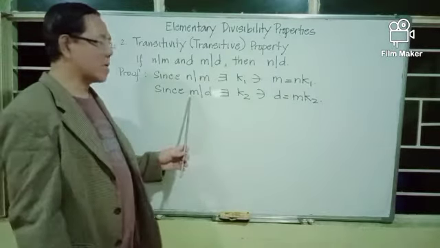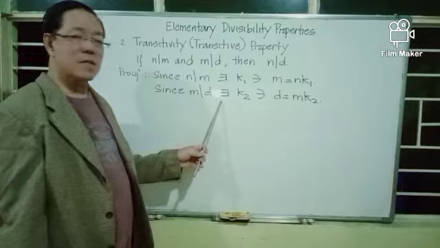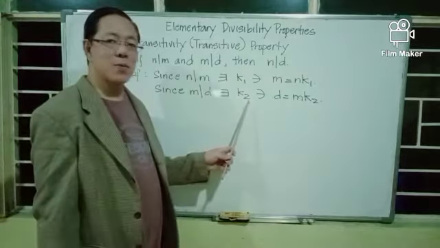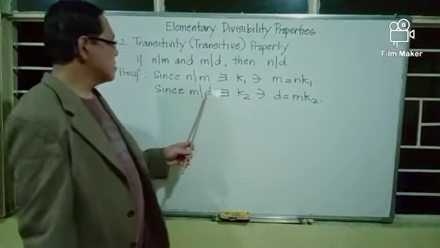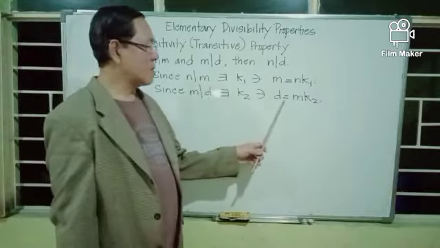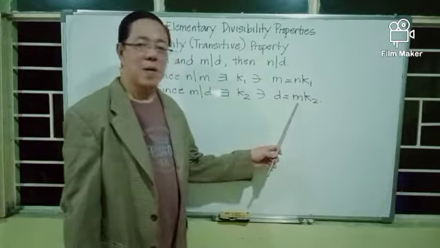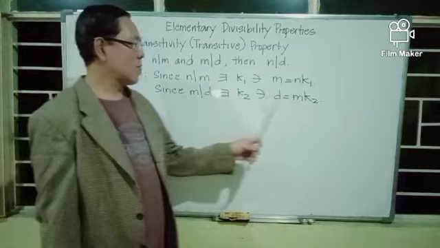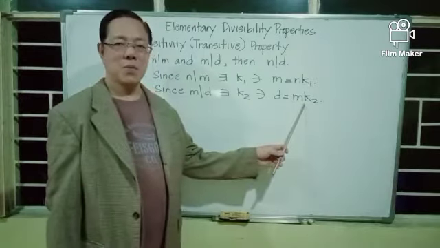Because we are given that m divides d, there exists some integer k2 such that the number d is equal to the divisor m multiplied by the integer k2.